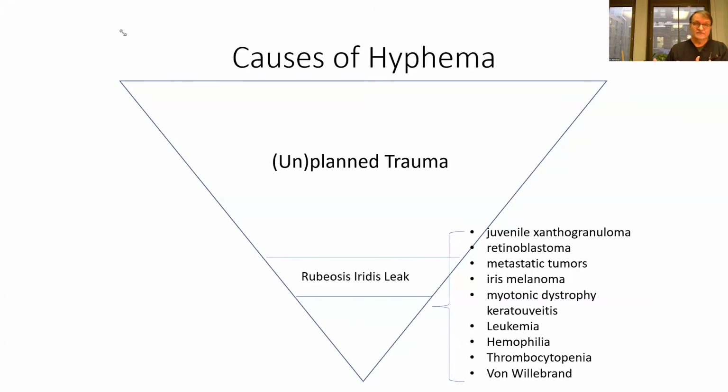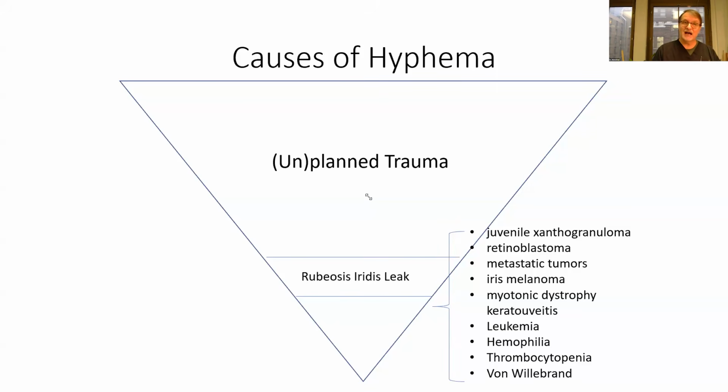Now that we're in the domain of hyphema and not subconjunctival hemorrhage, let's look at how this happens most commonly. We know that either planned or unplanned trauma is by far the most common etiology. But the patient reports no trauma, at least no unplanned trauma. But there is such a thing as planned trauma, and that's surgical intervention.